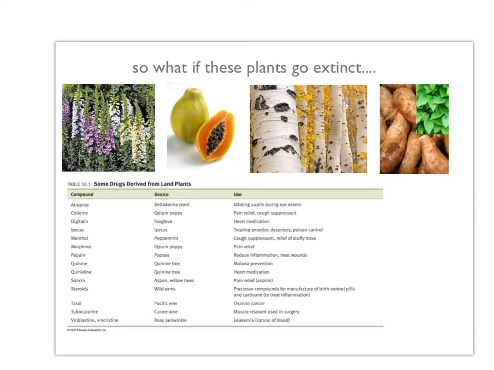It's used for ovarian cancer. Tuberculin, curare, a muscle relaxant used for surgery, from the rosy periwinkle. So all these different plants can give us drugs for a lot of different things.